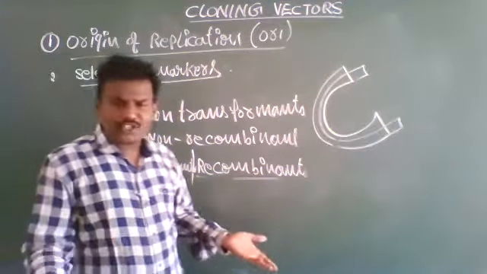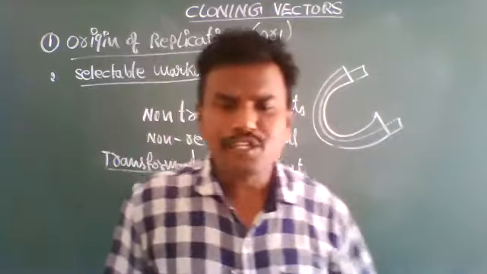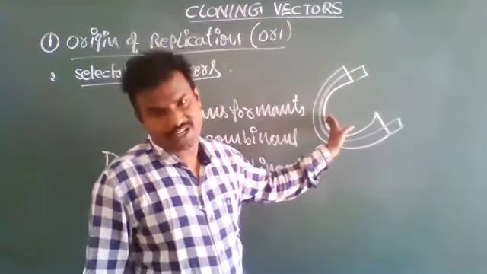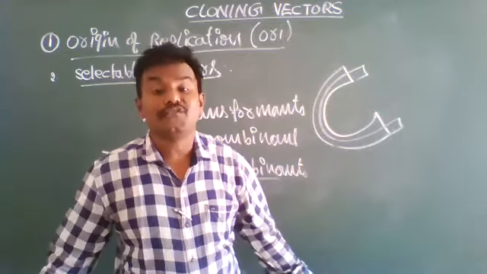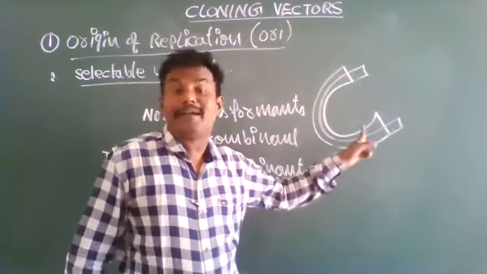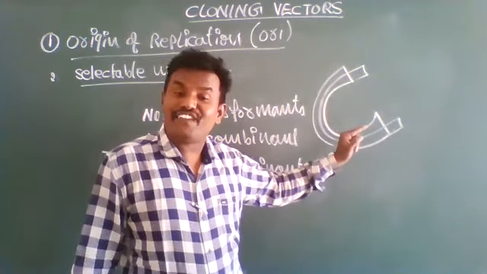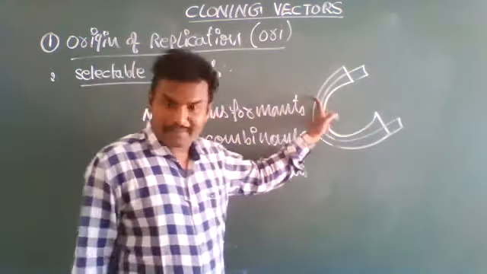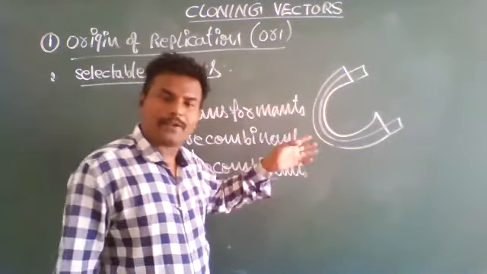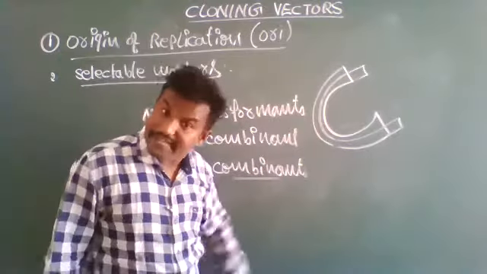Transformation is a procedure through which a foreign DNA is linked to this vector DNA. Some of the foreign DNA segments are not combined with these. Such DNA fragments are called non-transformants, also called non-recombinants, and they are identified and eliminated.